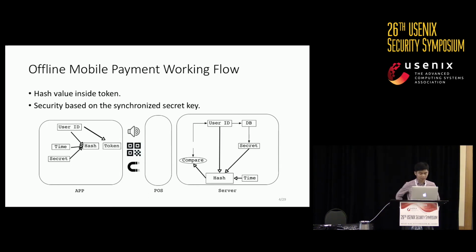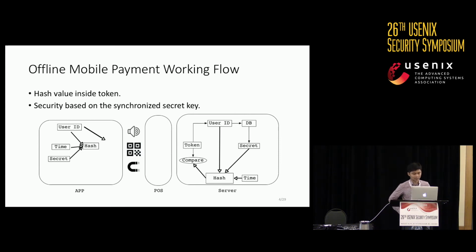And then it sends the token to the POS machine via one of the channels selected by the user. The channels can be either sound, QR code, or even magnetic signal. And the POS machine will decode the token from the signal and then pass the token to the backend server for verification.